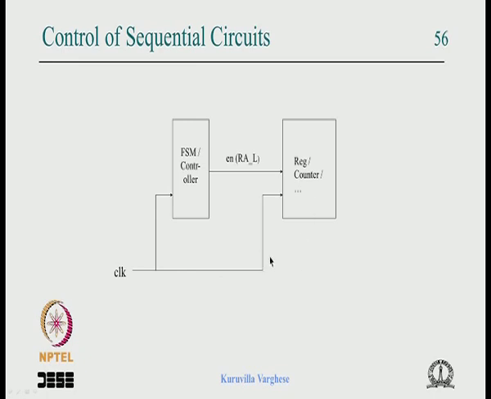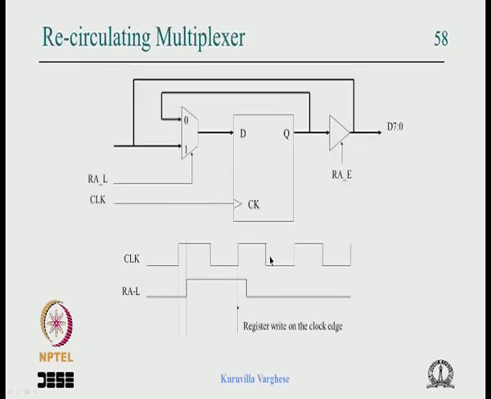In such cases, we have seen one foolproof way of implementing that is using a recirculating 2-to-1 mux. Suppose this is a latch signal from the controller and this is the register, then when the latch is 1, the input gets registered. If the latch is 0, that output gets recirculated, and there is no timing issue. If you do clock gating, there was a timing issue.